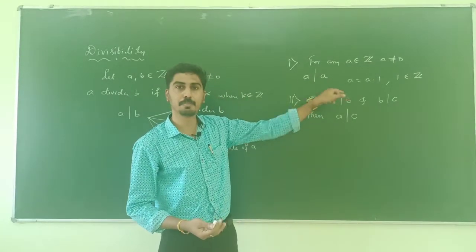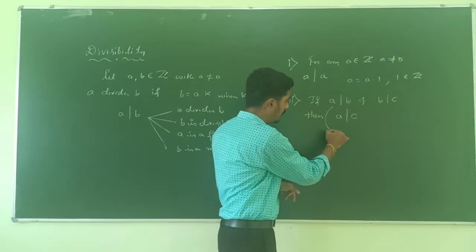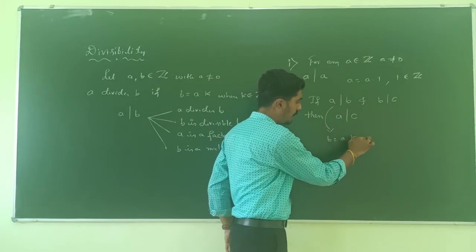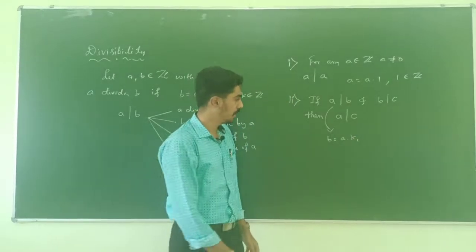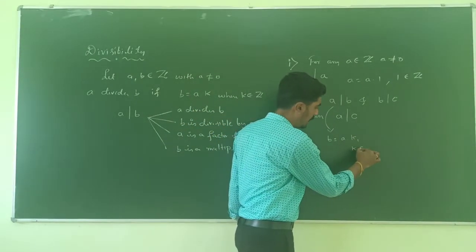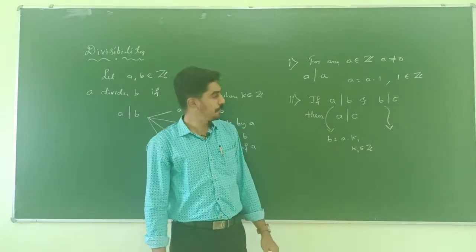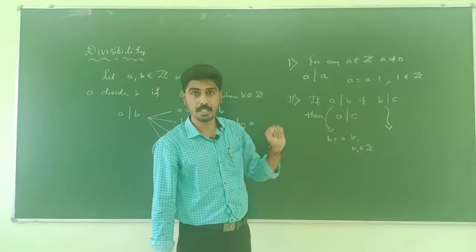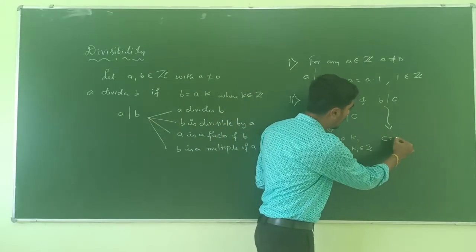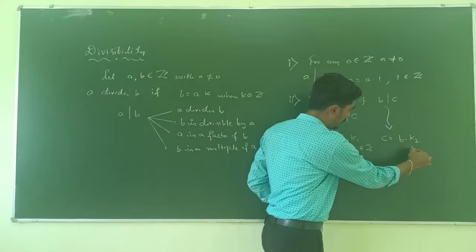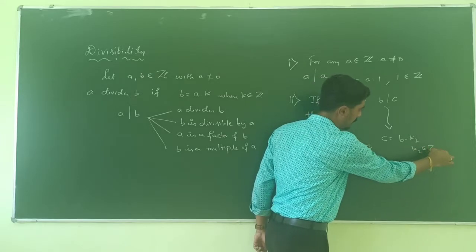If a divides b, then b can be written as an integral multiple of a, b equals a into k1, where k1 is an integer. Similarly, if b divides c, then c can be written as an integral multiple of b, where k2 is some integer.